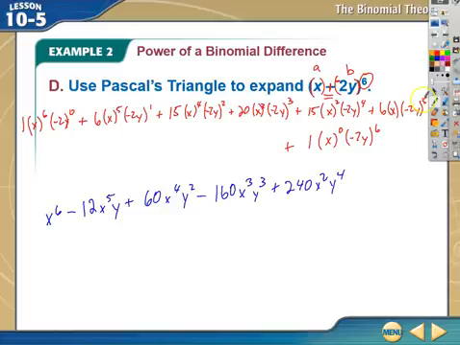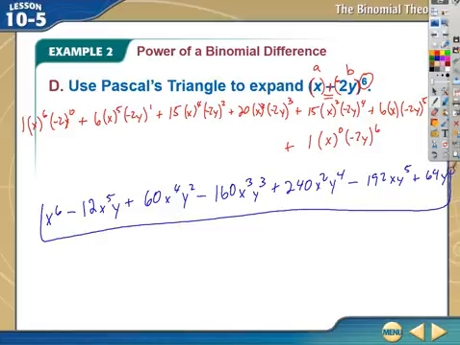And then the next one, since it's negative, I get a negative here. This is an odd exponent, and it'll be 192, x, y to the 5th. And last but not least, that's a big giant one. Negative 2 to an even power is going to be plus 64 y to the 6th. And that's my answer.